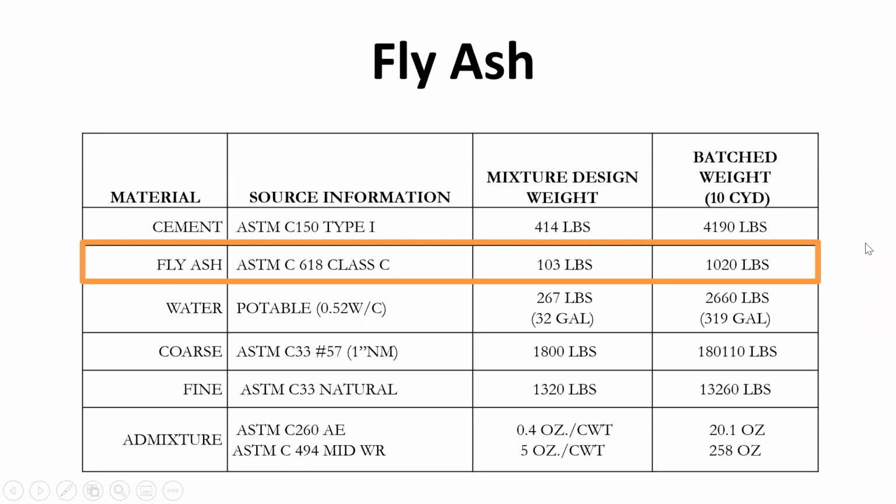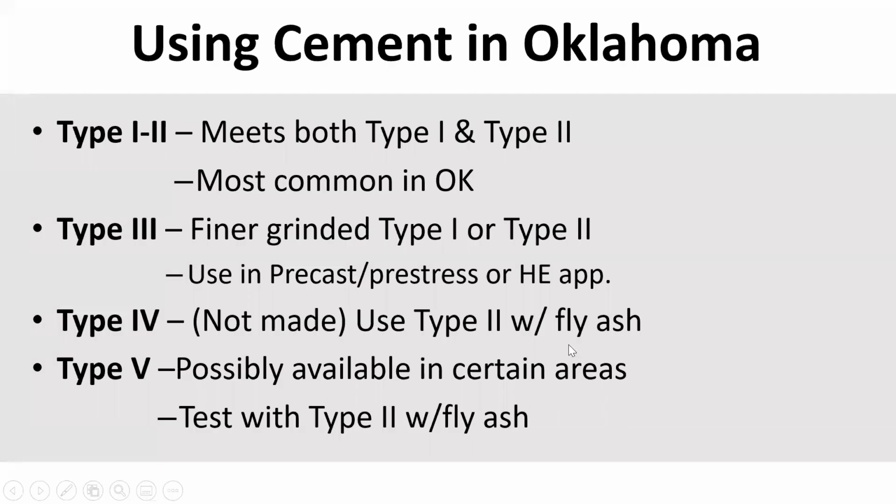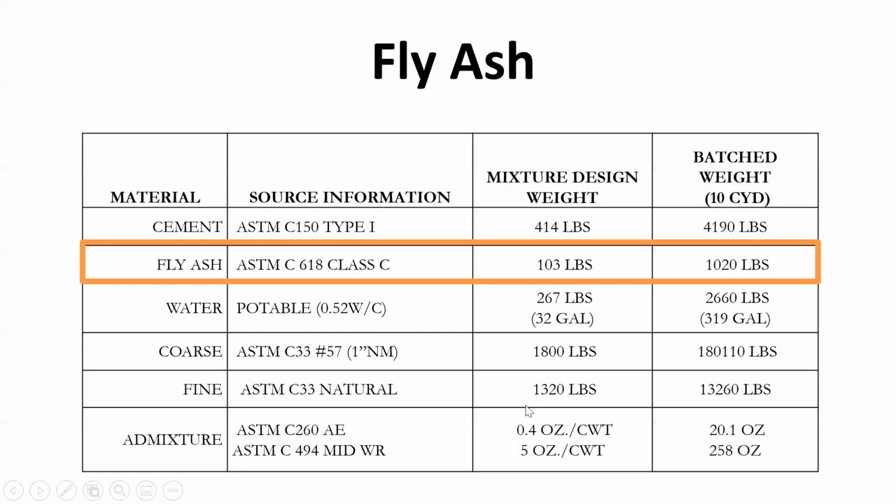I'm not their advocate. I don't represent either one of those companies. But that is what has been communicated in the last couple of years for sure. They may open up and make a type 5, but I doubt they will. It's just not used very much. There's really just a few cement plants that make it.